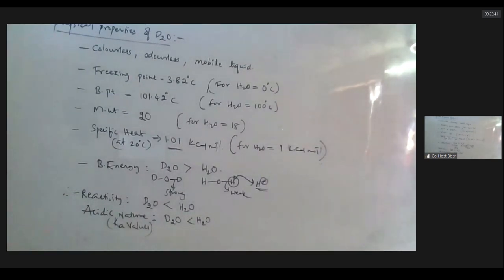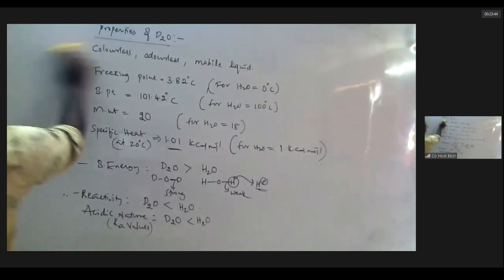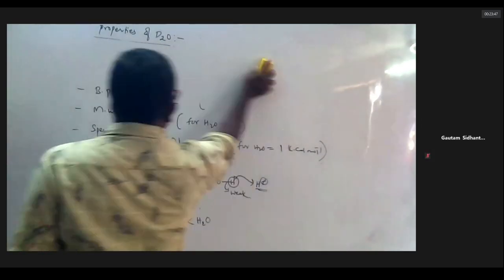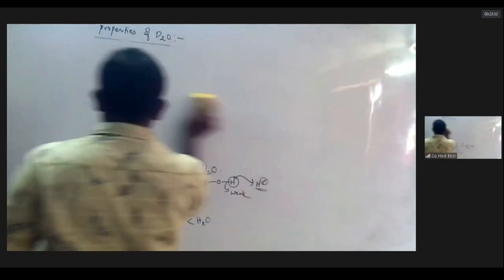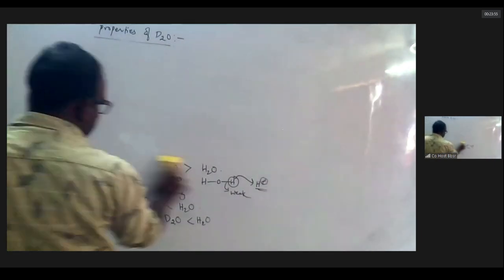So now we will see the chemical properties of D2O. Let us see the chemical properties here.